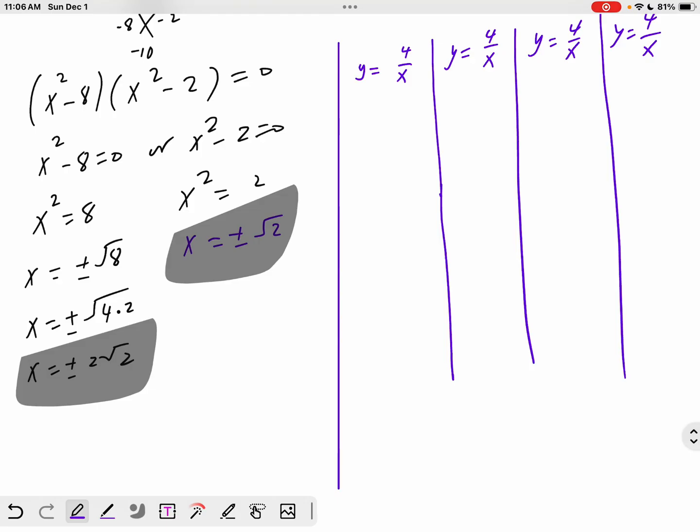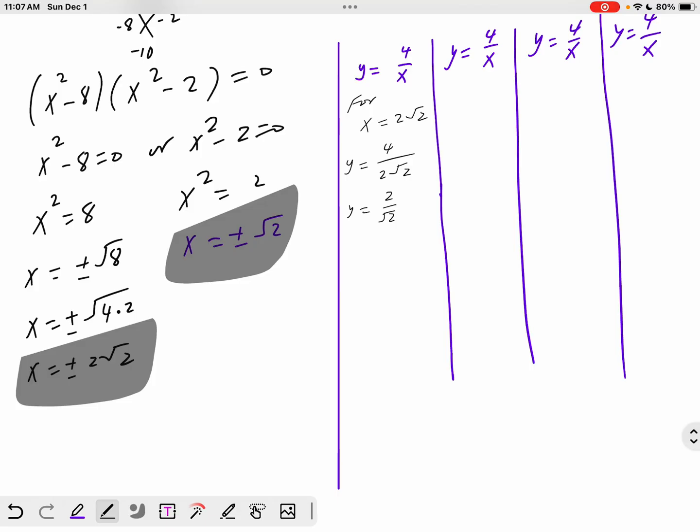Because we have 4 x values, we need to substitute to solve for the corresponding y values. So the first one, let's plug in x equals positive 2 root 2, then y equals 4 over 2 root 2. Well, then this is the same as 4 divided by 2 root 2.